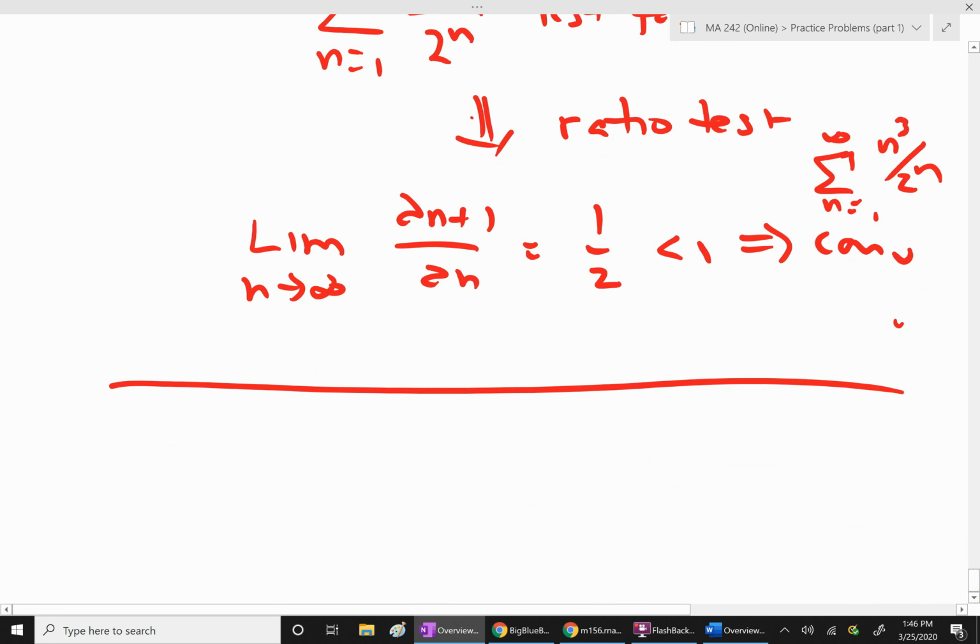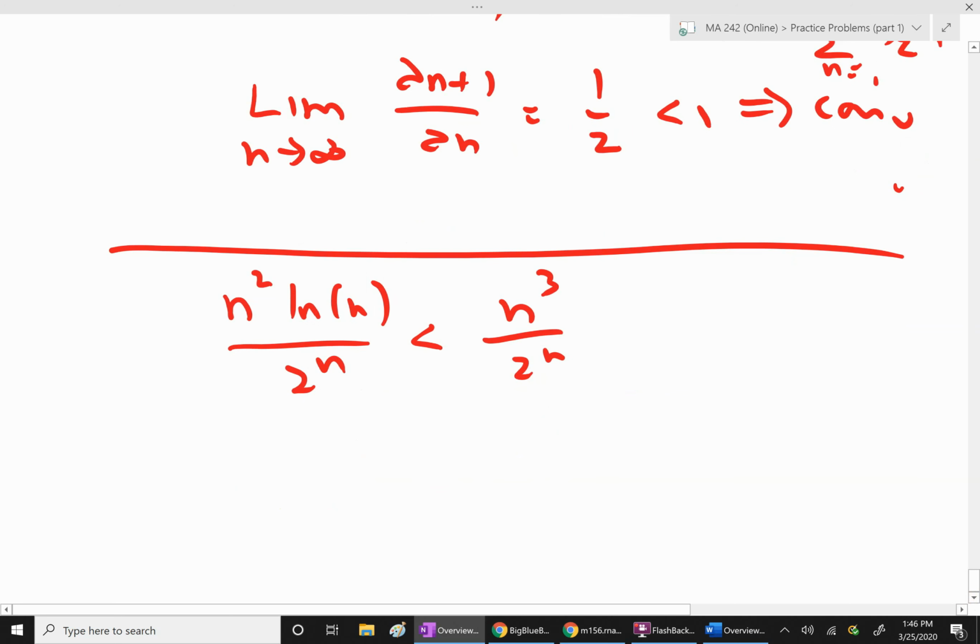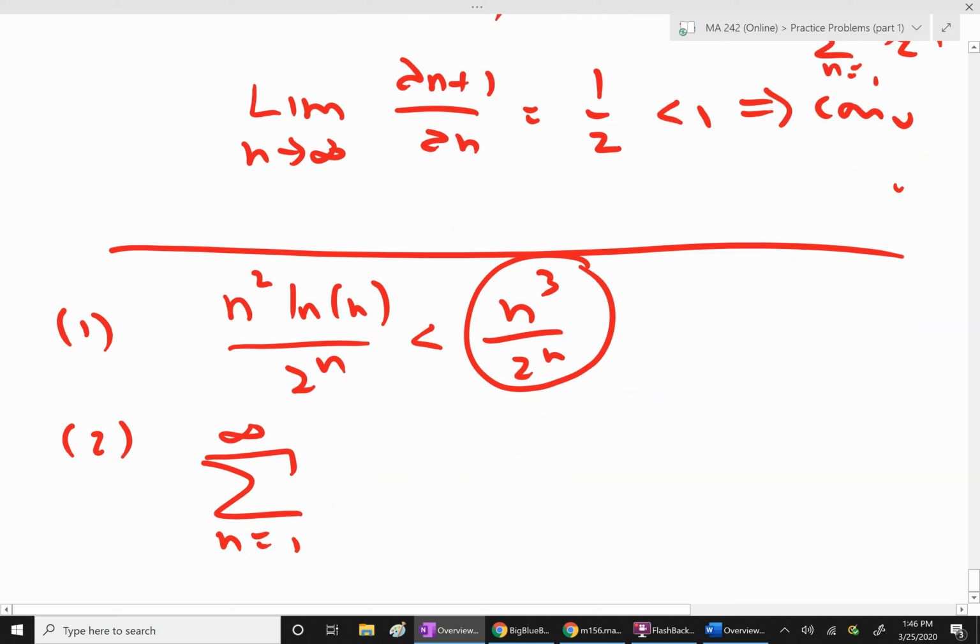Let me just outline this. n squared natural log of n over 2 to the n is less than n cubed over 2 to the n. That's the first fact. The second fact is that when I make an infinite series using the terms from this new sequence, I find that this converges.